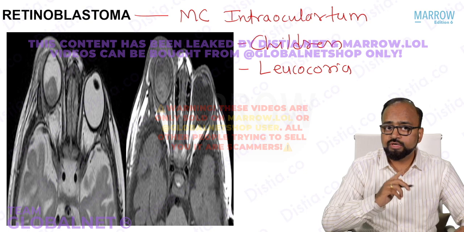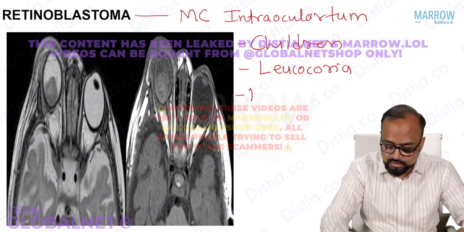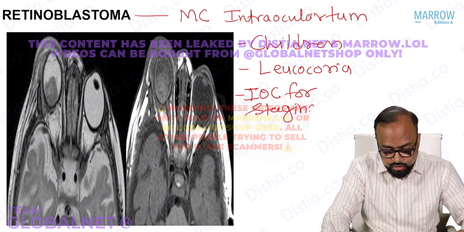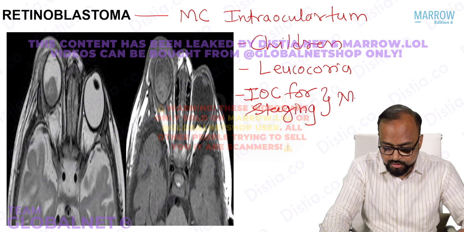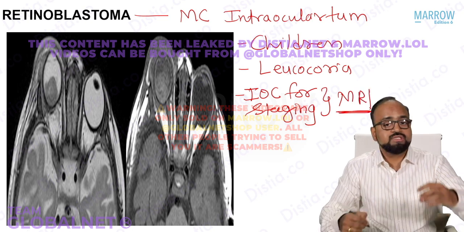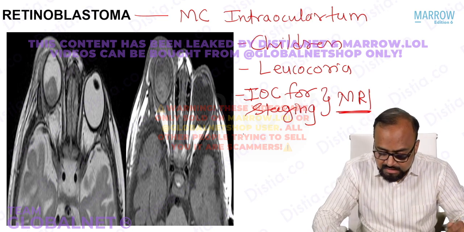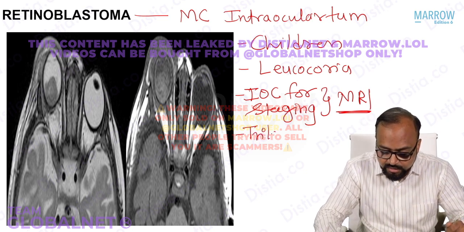A question has been asked on retinoblastoma as to what is the investigation of choice for staging of retinoblastoma. The investigation of choice for staging of retinoblastoma is usually considered to be MRI, because it shows us the extent of the tumor very well. Right, there is something which is called a trilateral retinoblastoma.